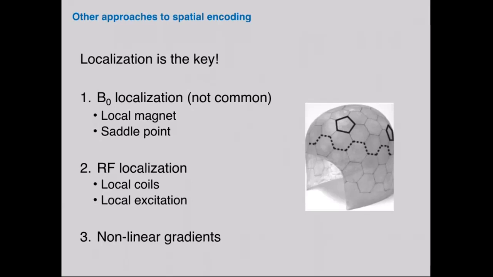But there's other ways that people have done spatial localization. One that people have done, which is not very common, is B0 localization. What they've done is they created a very non-homogeneous B0, except, let's say, it's very homogeneous across a very small piece of volume. And so the signal that you're going to get only will come in from that volume.